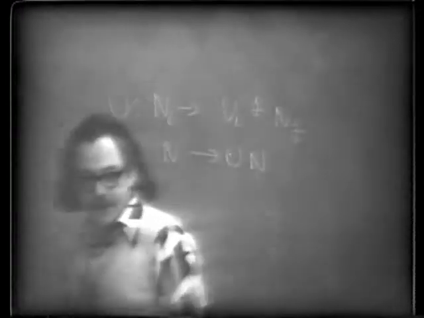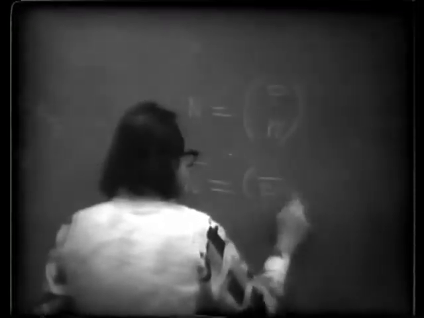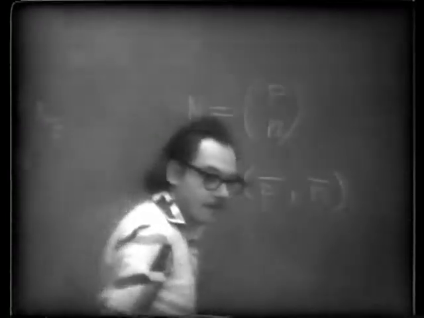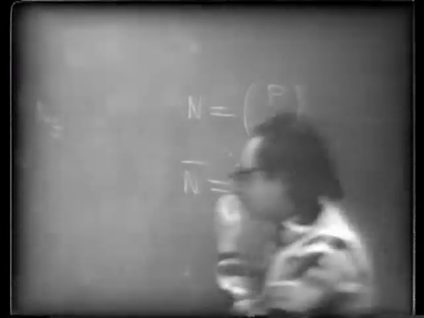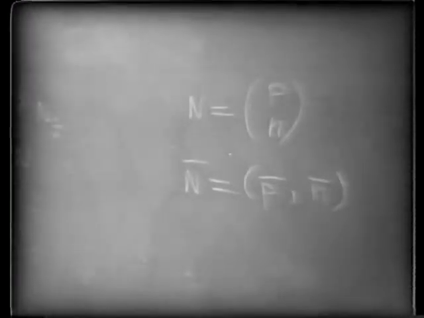The conjugate fields transform according to the conjugate representation. I will call them n bar and write them as a column vector. And they get the conjugate matrix, so n bar goes into n bar U adjoint.